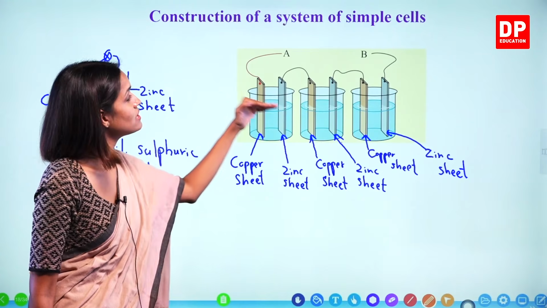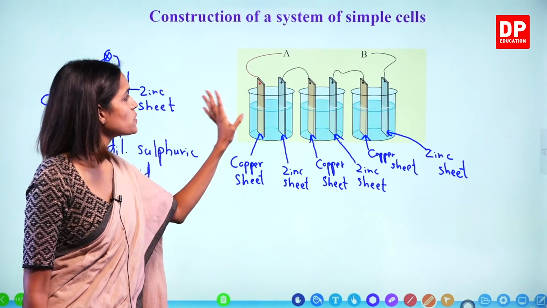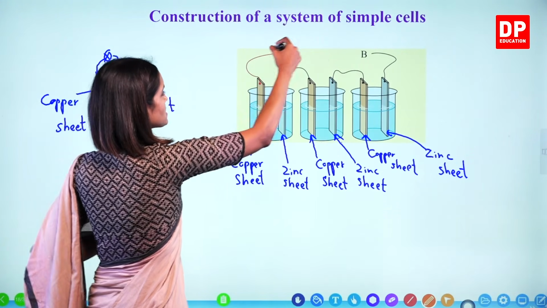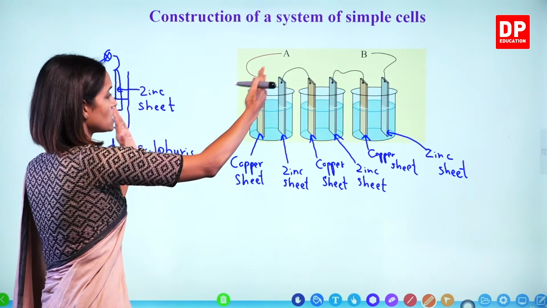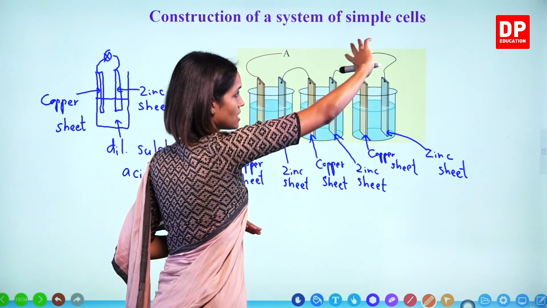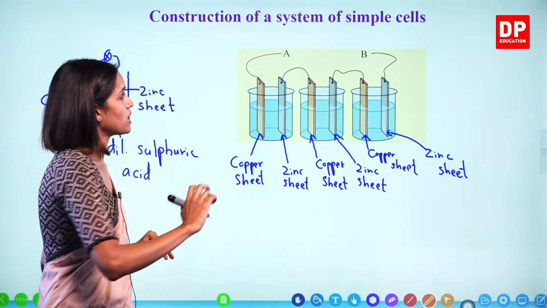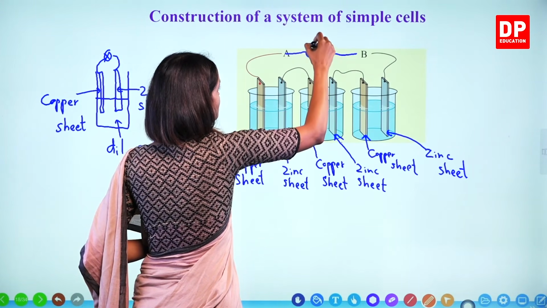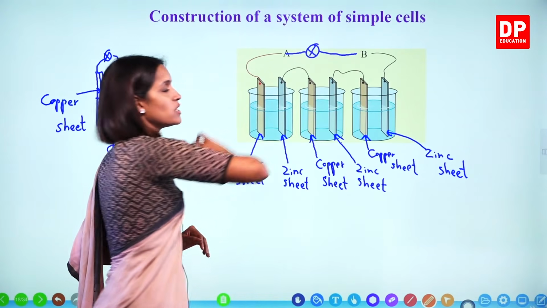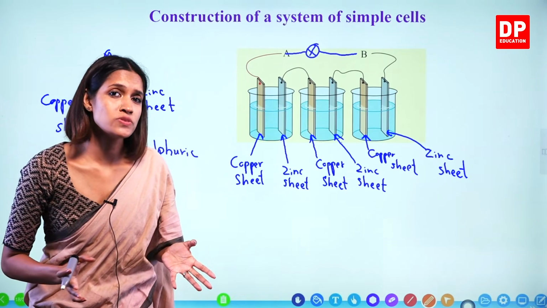And you can even increase the number. What will happen? Now you can see 2 wires are taken from each side. Right? This free copper sheet and the free zinc sheet are connected to 2 pieces of wire. Now let's say if you connect a bulb between A and B, what will you observe?